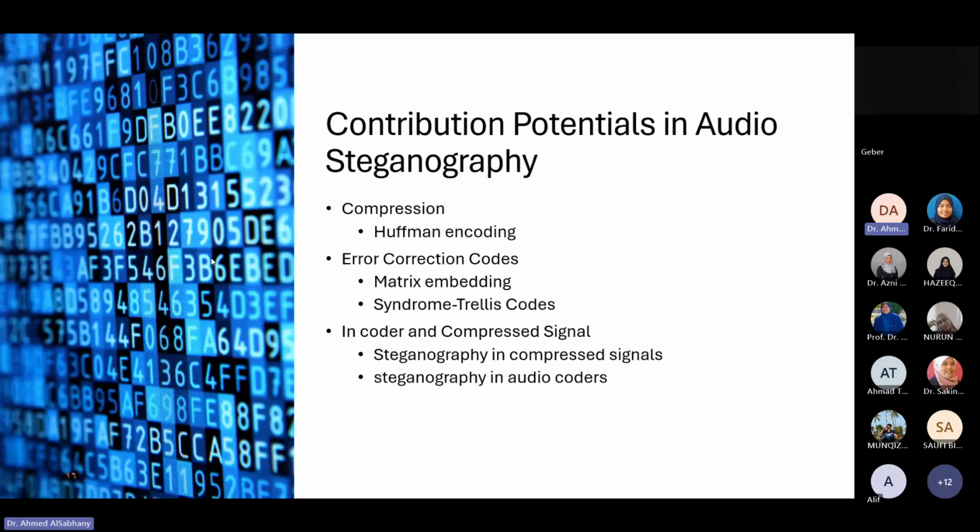So major efforts are done on these two algorithms, improving and optimizing. Moreover, encryption and steganography in compressed signals, or encoders such as voice over IP and other coders.